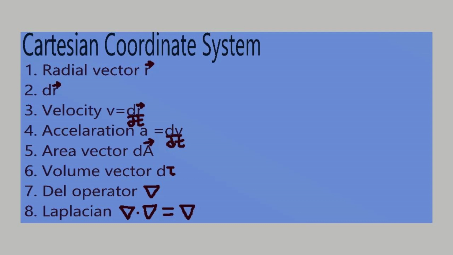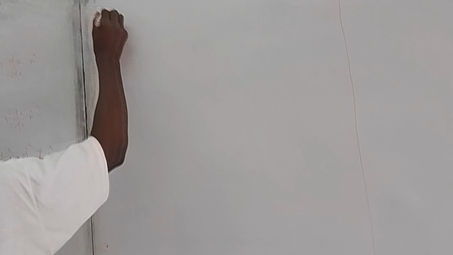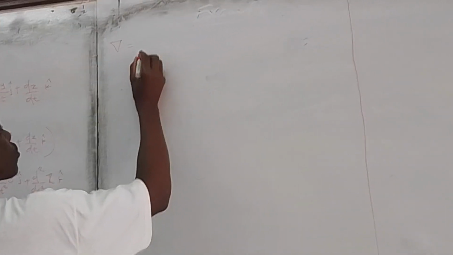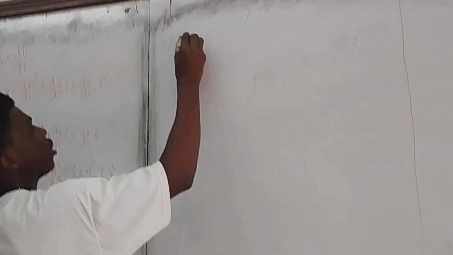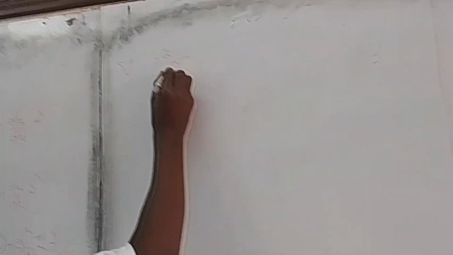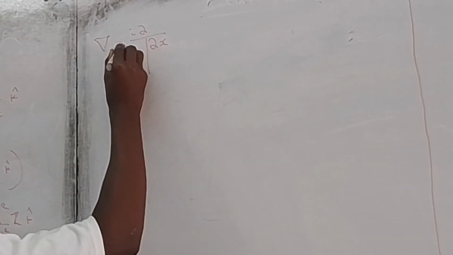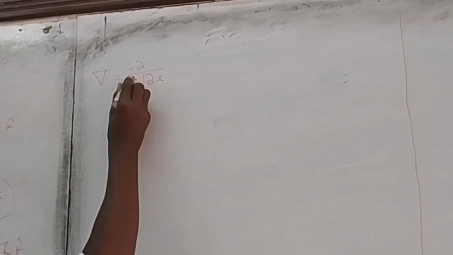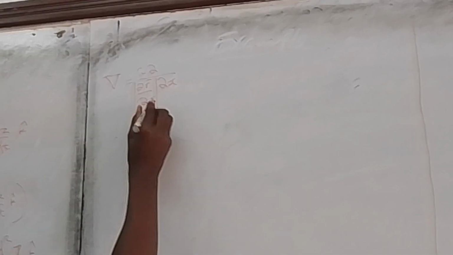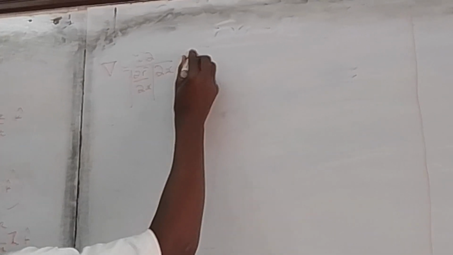The del operator, or the gradient operator, is given by partial derivatives. We can start with i.